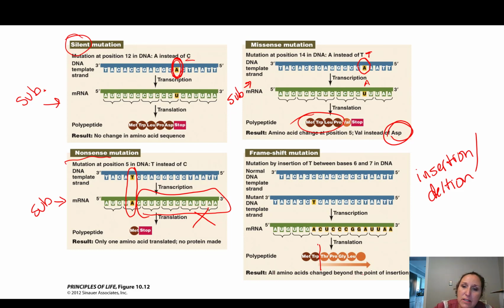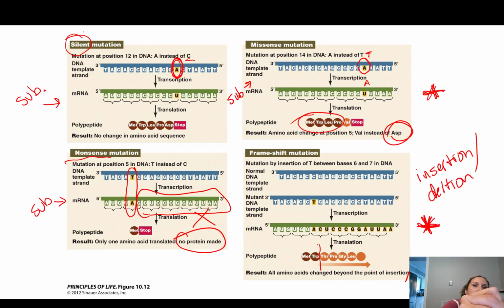So all amino acids will change beyond the point of insertion/deletion. All right. And this is definitely going to change the protein. This changes the protein created. This doesn't create a protein at all. So no protein is made. This is going to also change the protein.